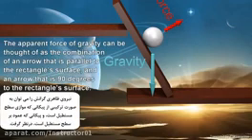The apparent force of gravity can be thought of as the combination of an arrow that is parallel to the rectangle's surface and an arrow that is 90 degrees to the rectangle's surface.